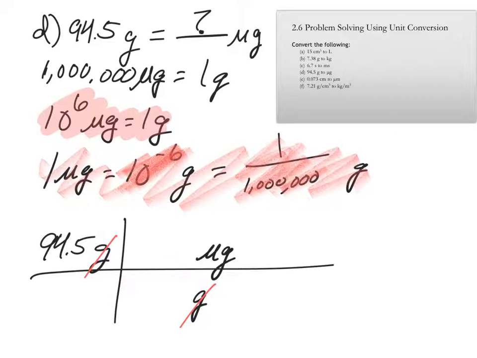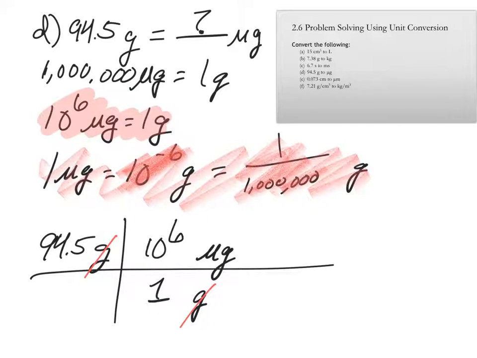And so you have 10 to the 6th micrograms for every 1 gram.